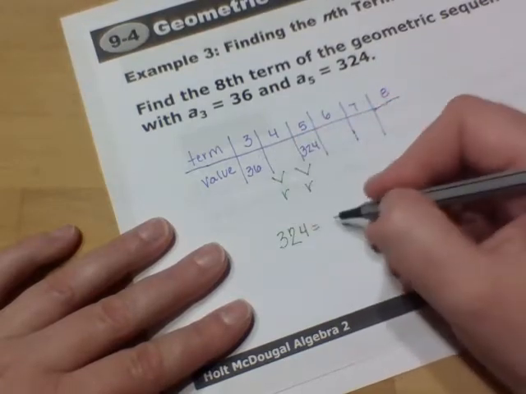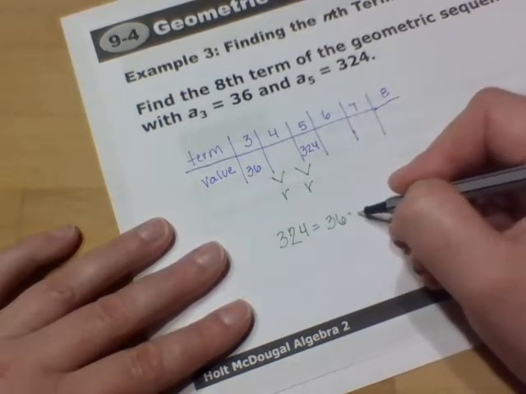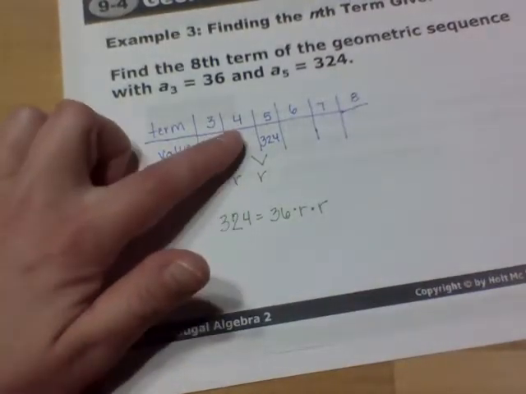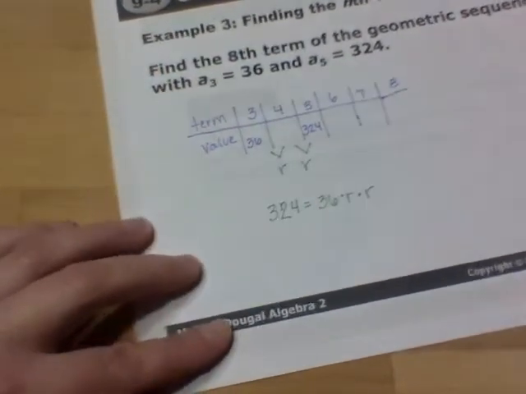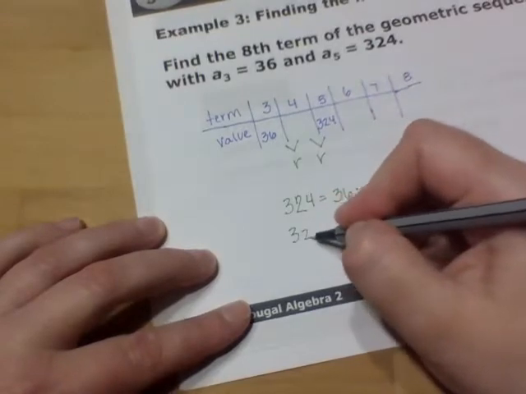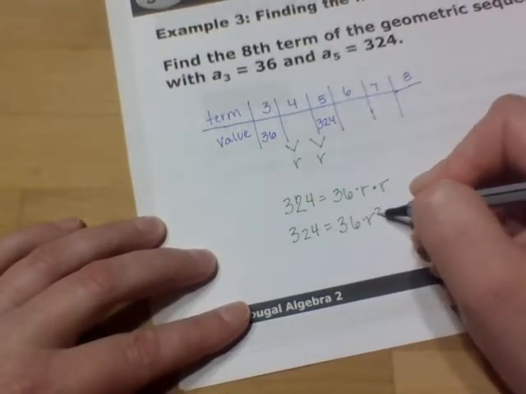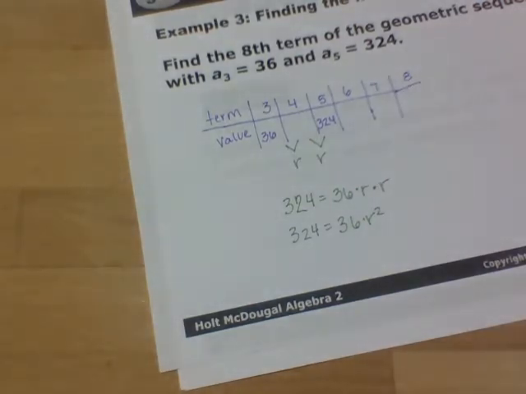comes from 36 times r times r, right? 36 times r gets that, times r gets that. But of course, we can rewrite that as 36 times r squared. And then we can go ahead and solve this.